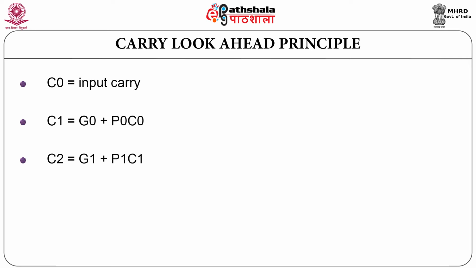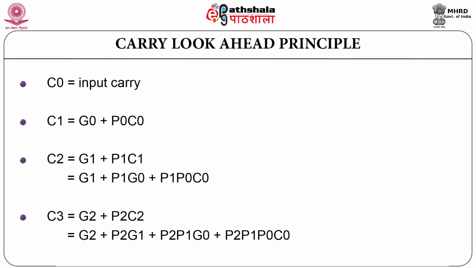If you substitute C1 from the earlier expression, finally you will get C2 as G1 plus P1 G0 plus P1 P0 C0. By using the same expression, the final C3 is obtained as G2 plus P2 G1 plus P2 P1 G0 plus P2 P1 P0 C0. These expressions are very important to obtain the final carry look ahead adder circuit.